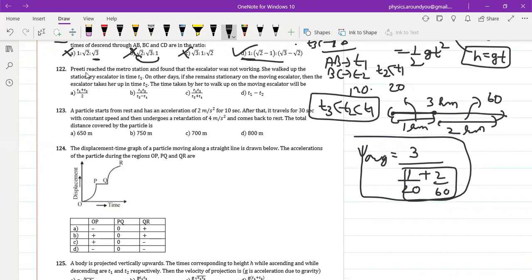Question number 122. This is a standard PYQ, a NEET PYQ. Time taken by her to walk up on a moving escalator will be.